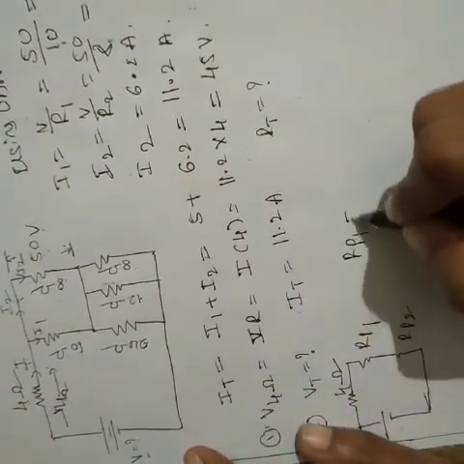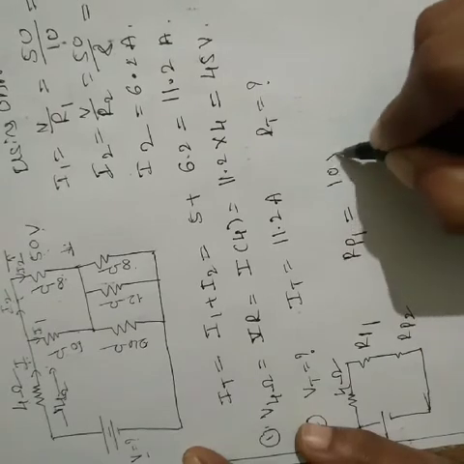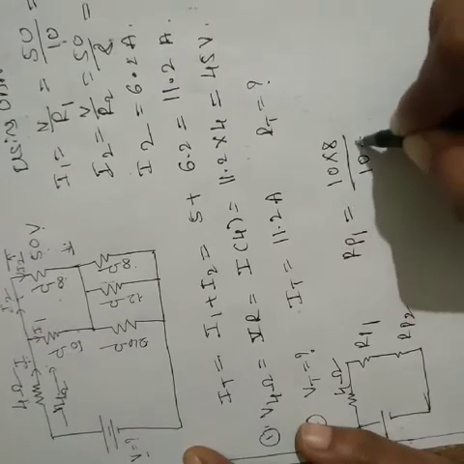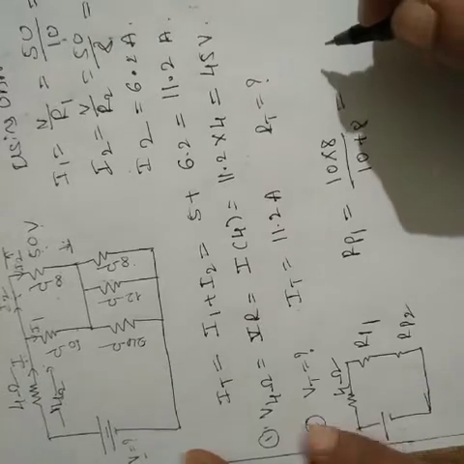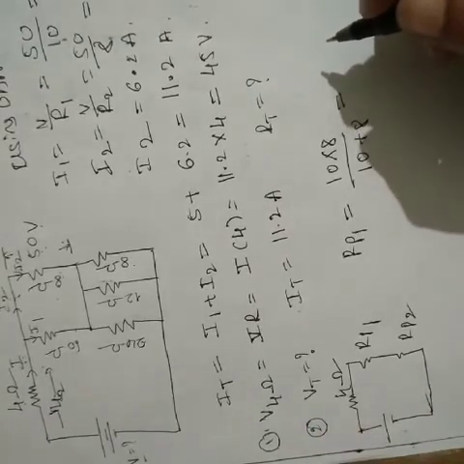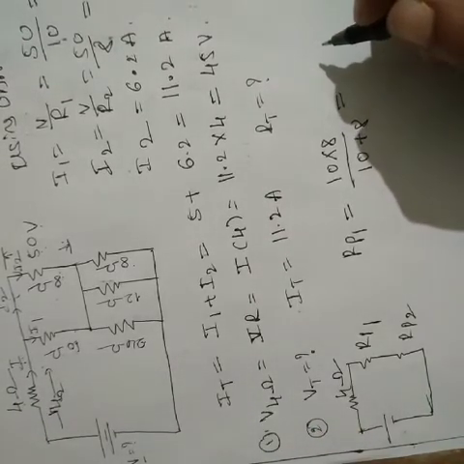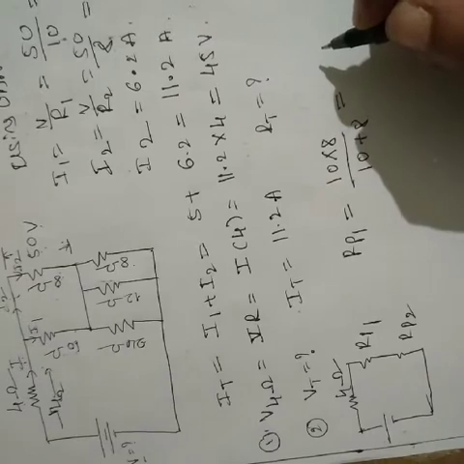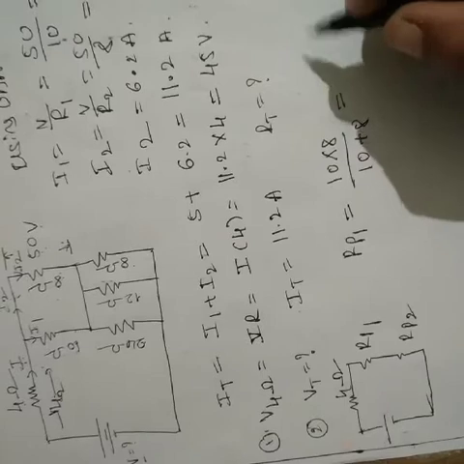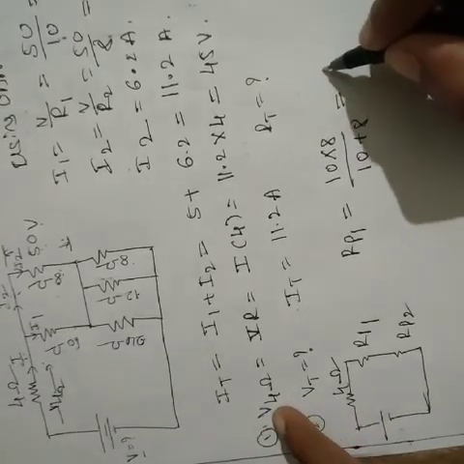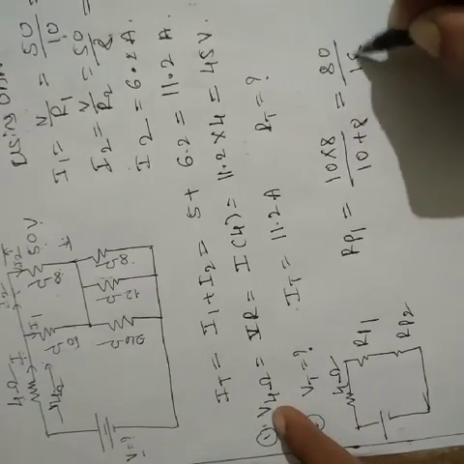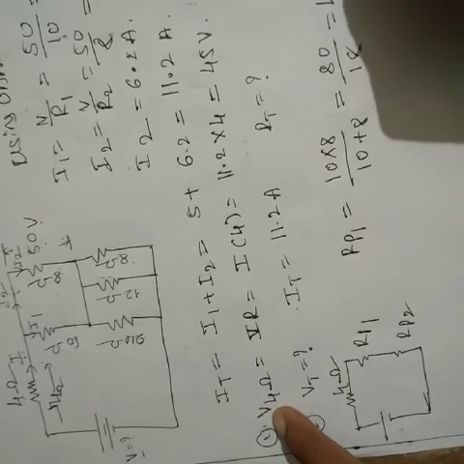First you find RP1: 10 into 8 divided by 10 plus 8. That is R1 into R2 divided by R1 plus R2. Okay, these are connected in parallel. 10 into 8 divided by 10 plus 8. This is 80 by 18, which becomes 4.4 ohm.